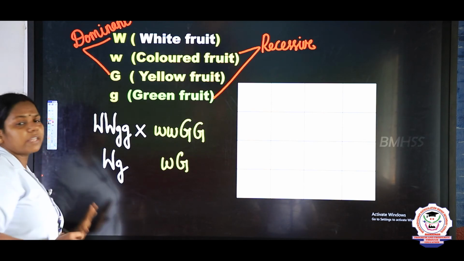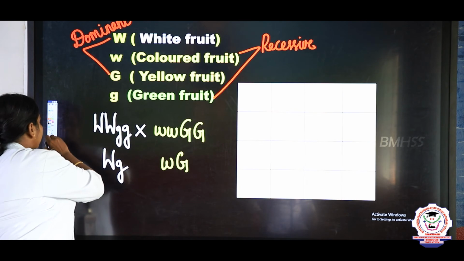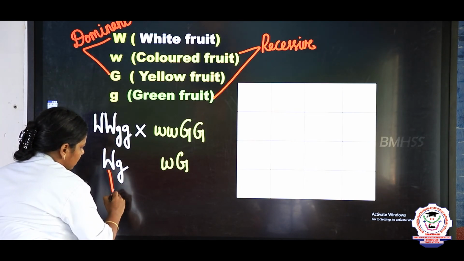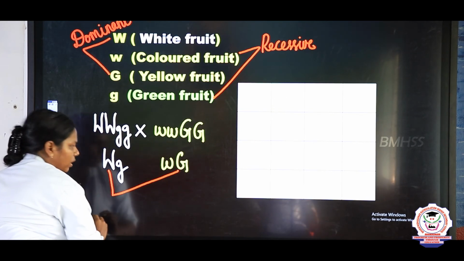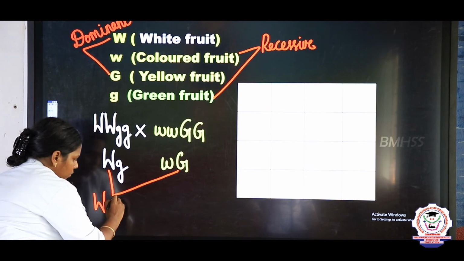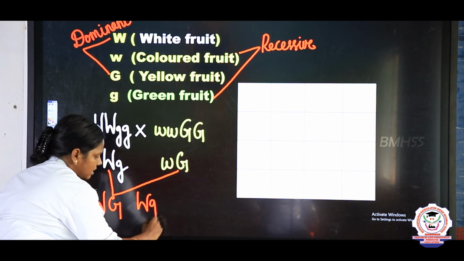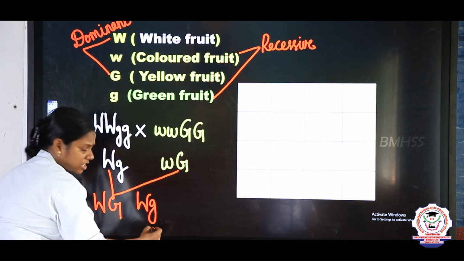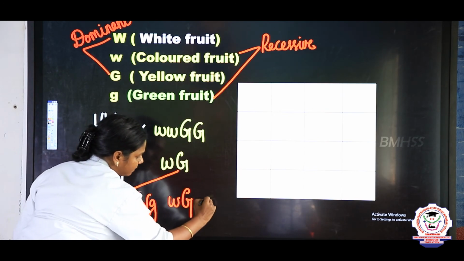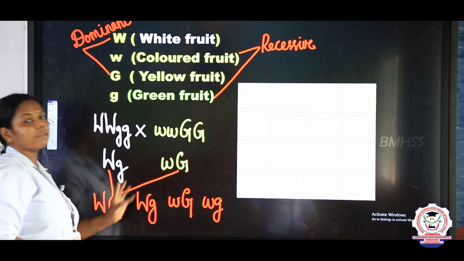When the gametes are crossed, what will we get in the F1 generation? We get capital W, capital G, and then capital W, small g, and again the other combinations: small w, capital G, and small w, small g, when they are crossed with each other.